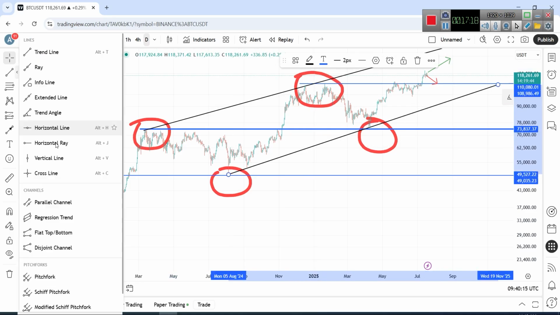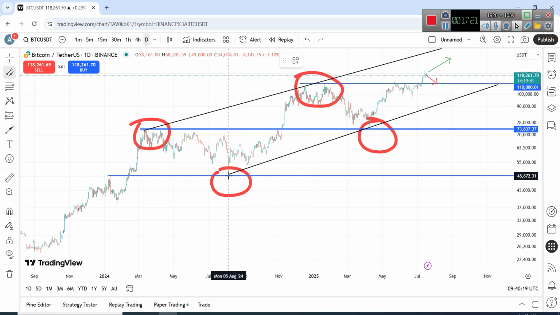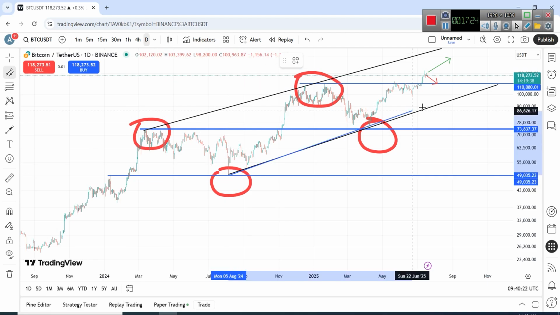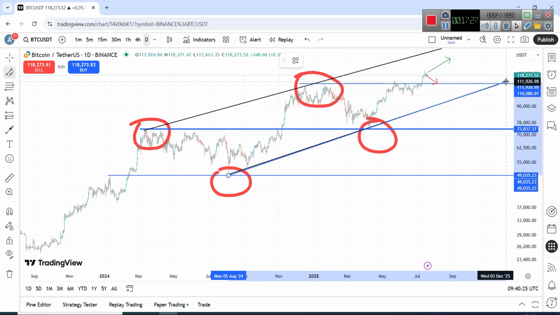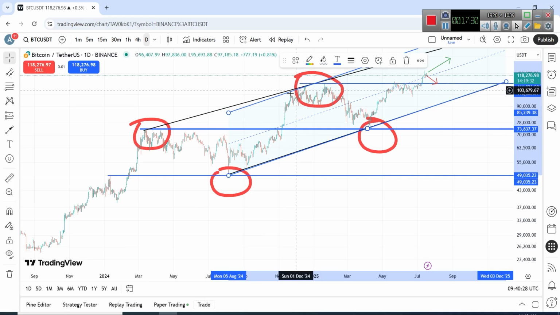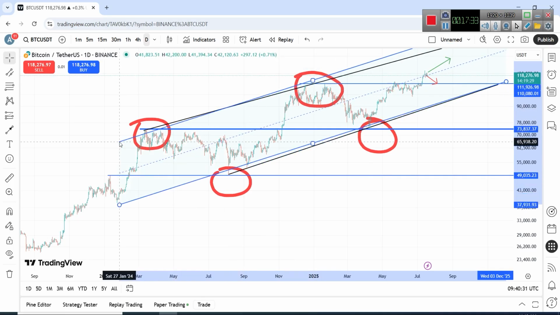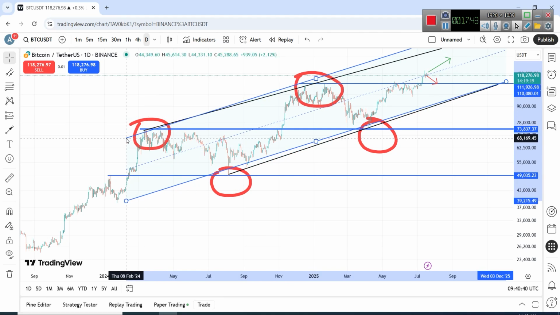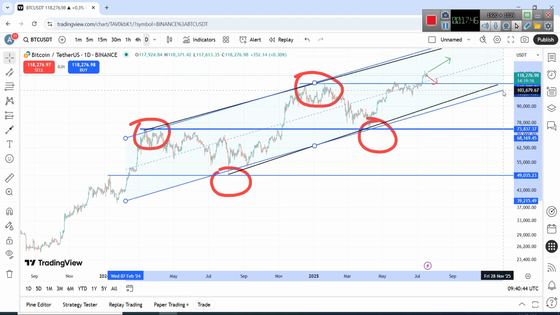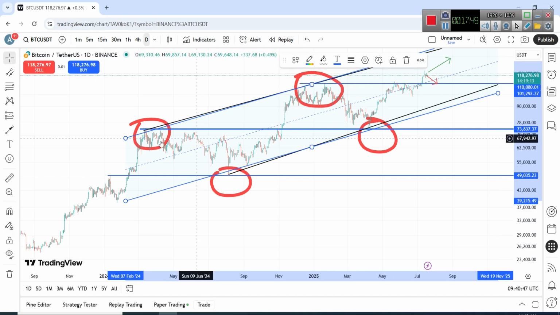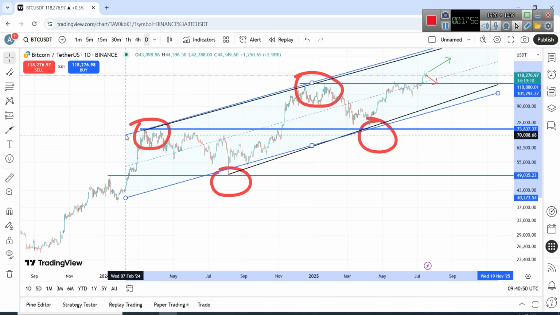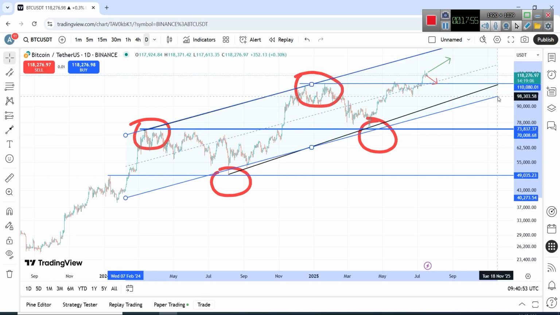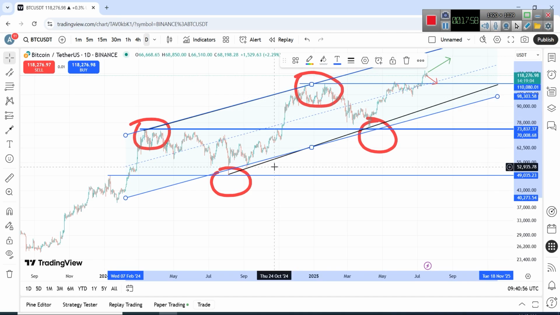So let's see if they are really parallel or not. I will put one here and the other one here. No, it's not parallel. We are trying to fit it in, but it doesn't want to fit in.